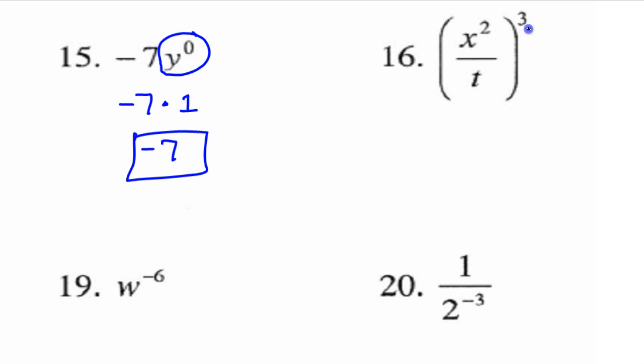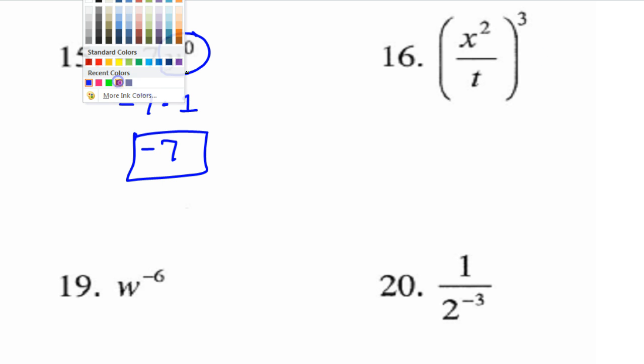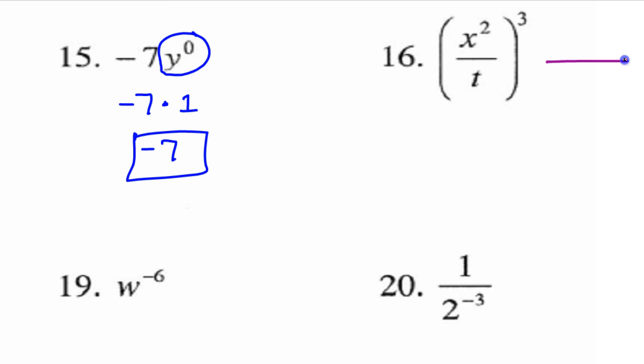So, okay, you have a fraction raised to a power. This is the same thing as having, let me put an intermediate step here. You see that we have x squared and we have this t, right? And then all of this is being raised to the third power. So just understand that it's happening to each one of these things separately.